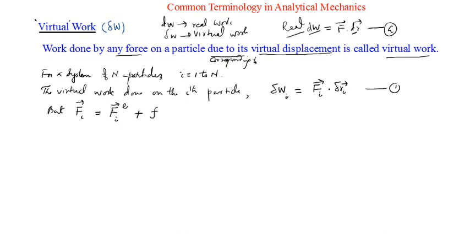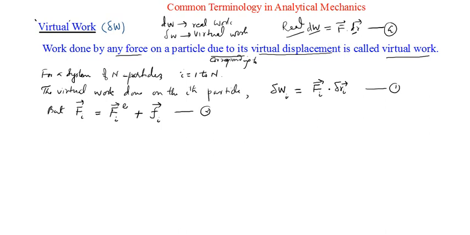Let small vector fi be the constraint force acting on the ith particle. So what will be the total force acting on the ith particle? It will be the resultant of the external or applied force on the ith particle, and the constraint force that is also acting on the ith particle. The constraint can be due to various reasons depending on the system. So let me call this equation number 2.